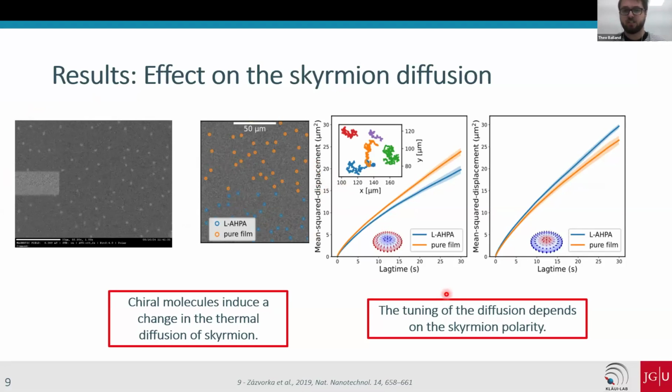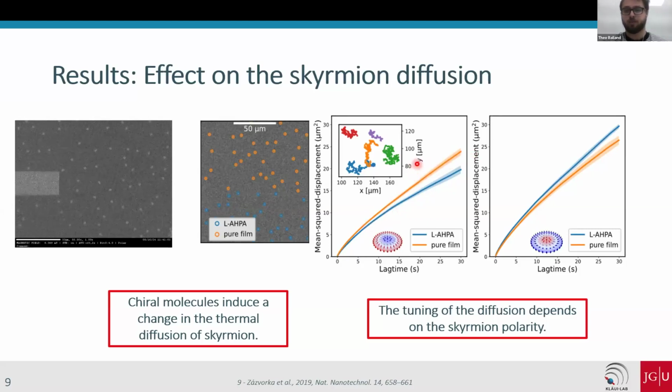And we see here that in the case of this polarity of Skyrmions, their diffusion is reduced by the left-handed molecule compared to the Skyrmions diffusing in the area not covered with molecule.